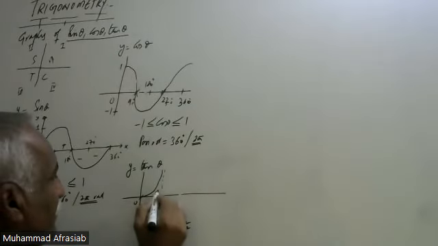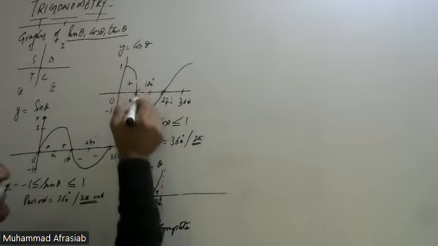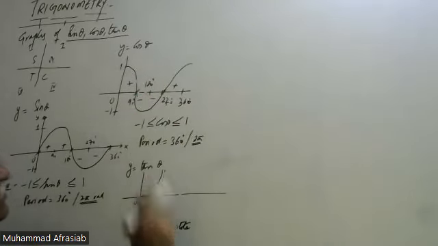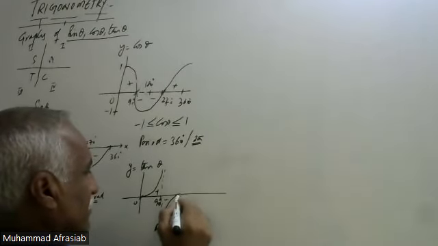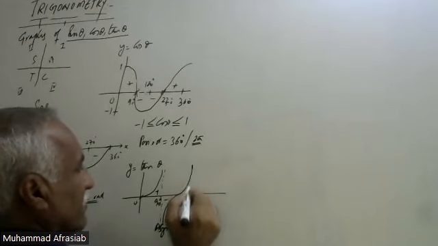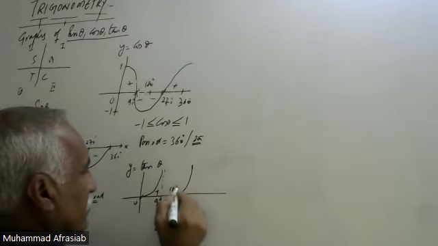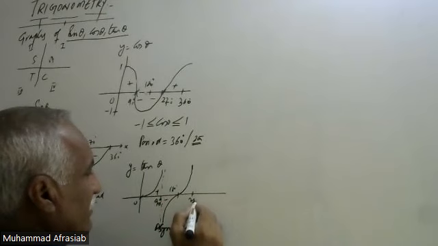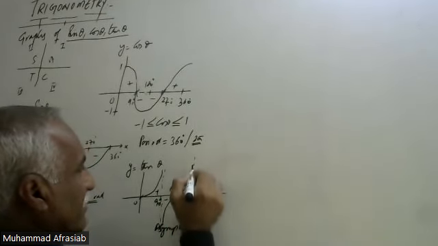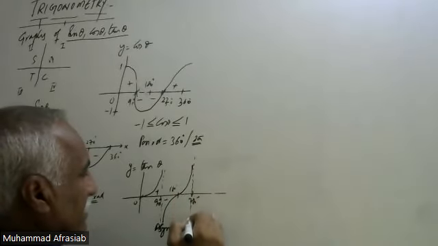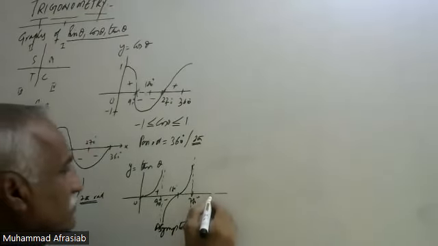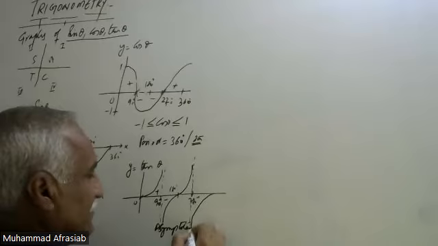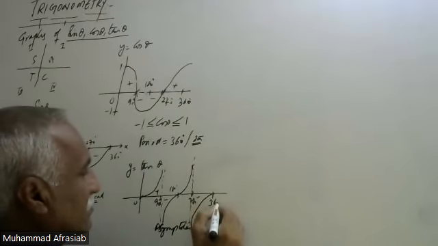Then it is positive in the first, negative in the second and third, and positive in the fourth quadrant. Again at 270 it becomes infinity, so again an imaginary line is drawn for this portion. And then up till 360, it is like this.